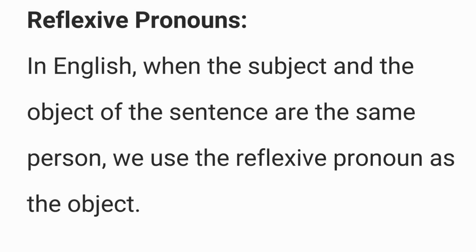Reflexive pronouns. In English, when the subject and the object of the sentence are the same person, we use the reflexive pronoun as object. Some examples of reflexive pronouns are myself, yourself, himself, herself, itself, ourselves, and themselves.